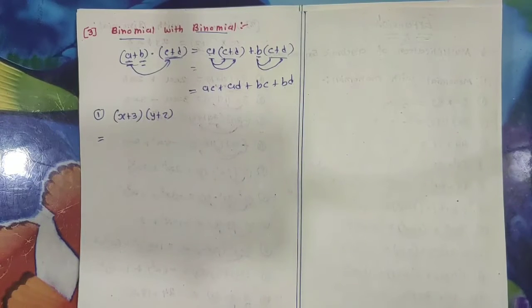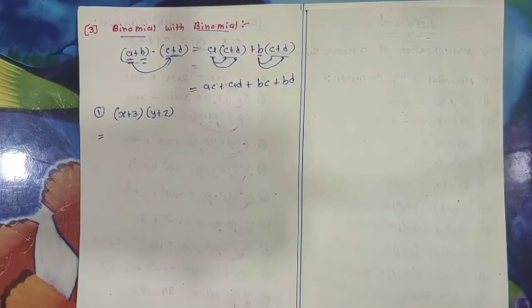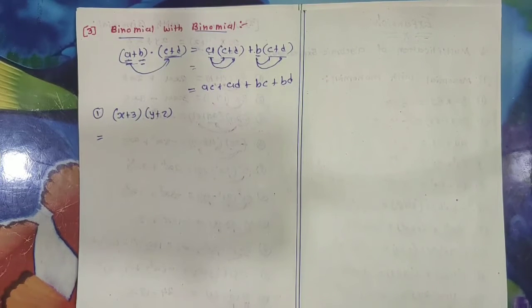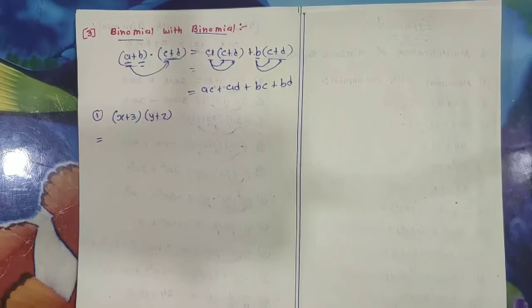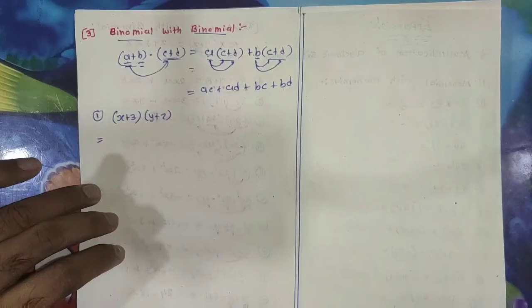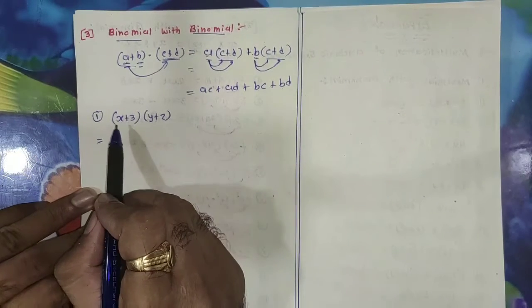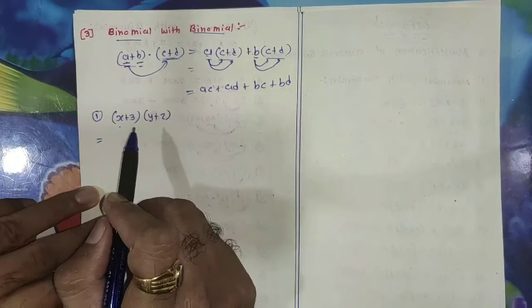So on getting the question, first you have to identify which type of multiplication it is, whether monomial with monomial, monomial with binomial, or binomial with binomial. Up to now we have studied only 3 types of multiplication. After that we will study different types of identities. So first, attempt to find the type of multiplication. So here it's binomial with binomial type multiplication.